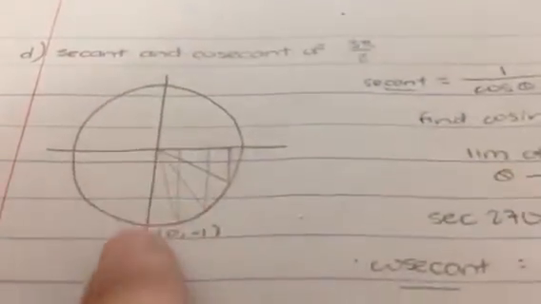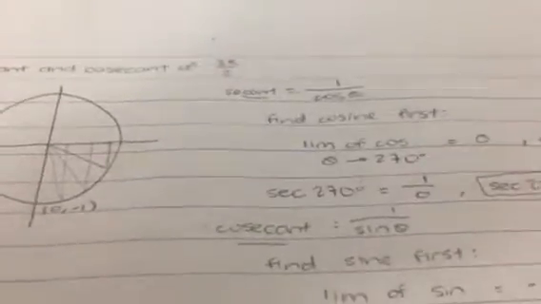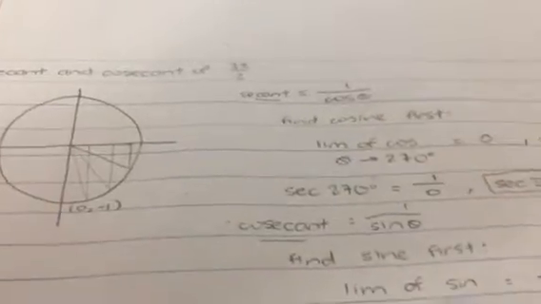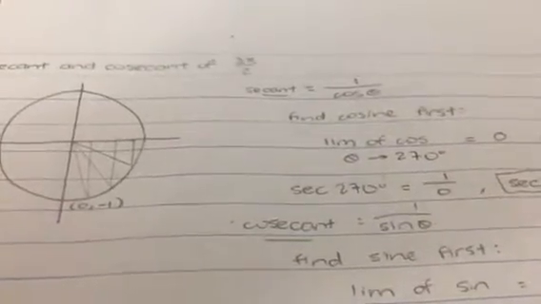Okay. So for my last angle, which is my quadrantal angle, I found secant and cosecant of 3 pi over 2. That's just 270 degrees, so it's this angle right here. Secant is the reciprocal of cosine, so that's 1 over cosine.